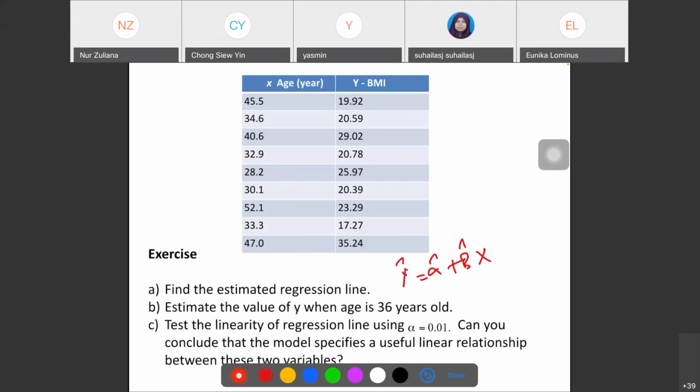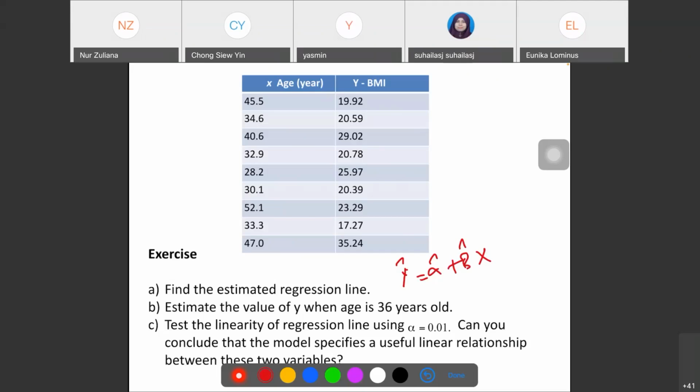So in this case, your y is the dependent variable, your x is your independent variable, also called explanatory variable and predictor variable, while your y hat is your response variable and also your dependent variable.